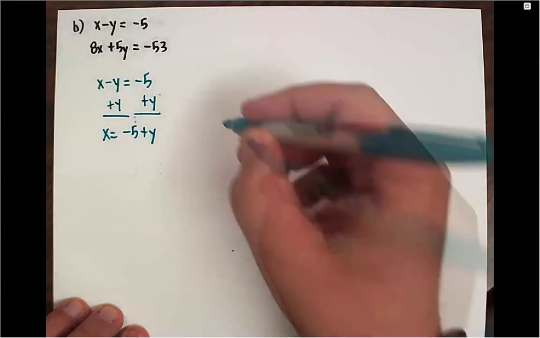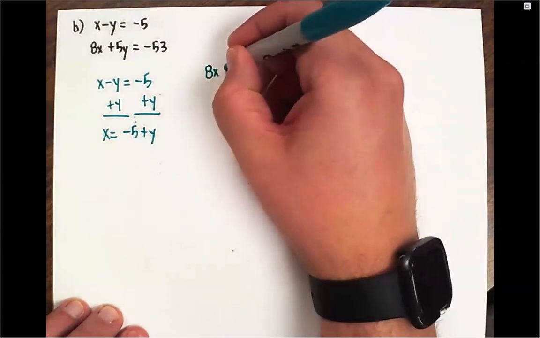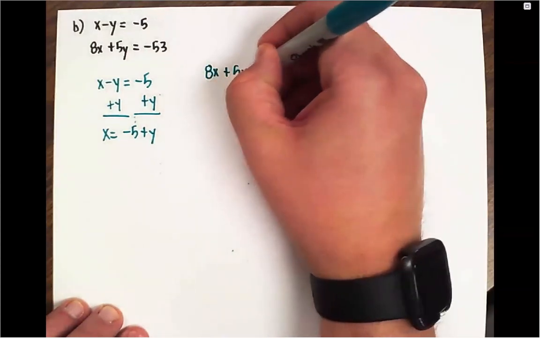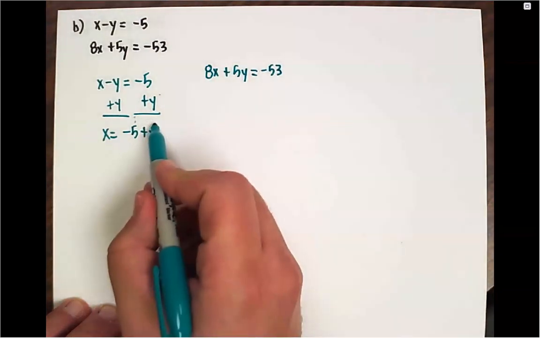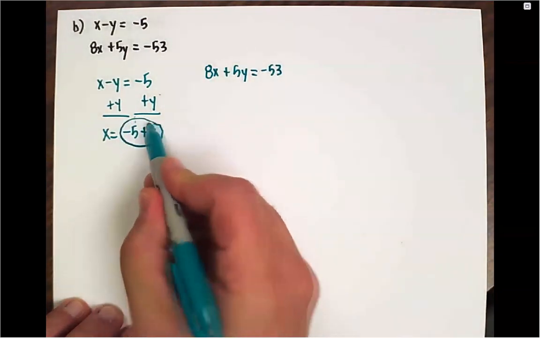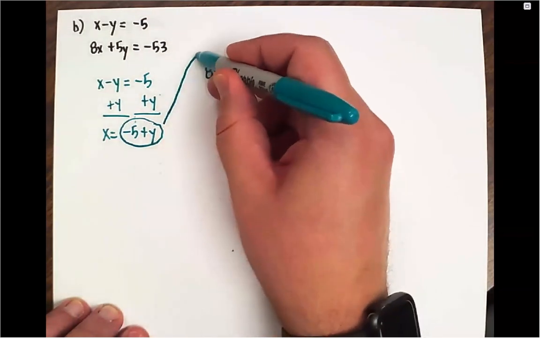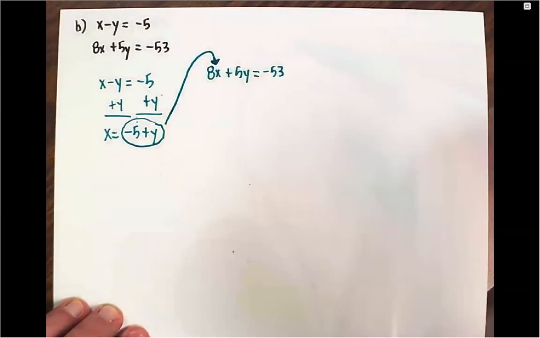And so now, in this second equation, 8x plus 5y equals negative 53, I'm going to plug in negative 5 plus y into that equation where there's an x.